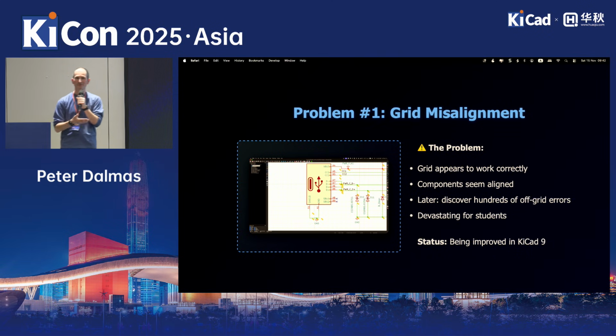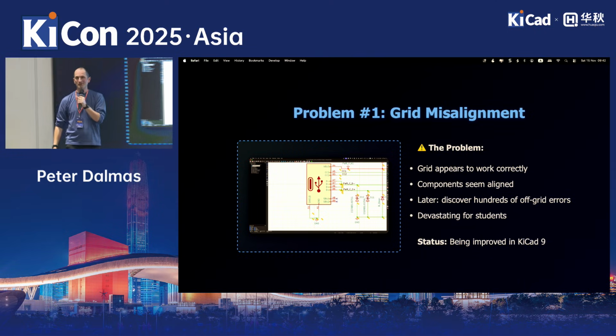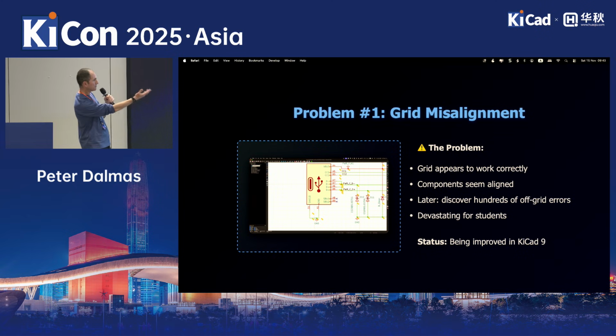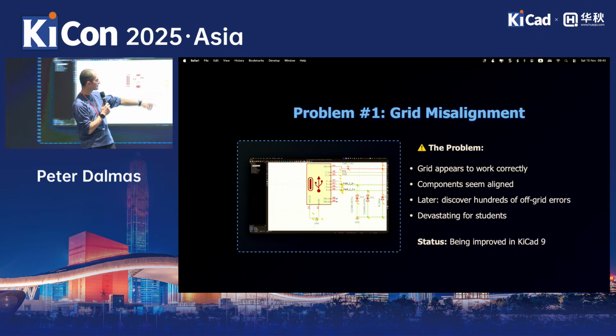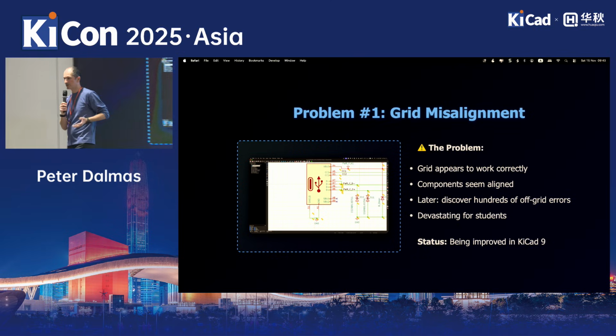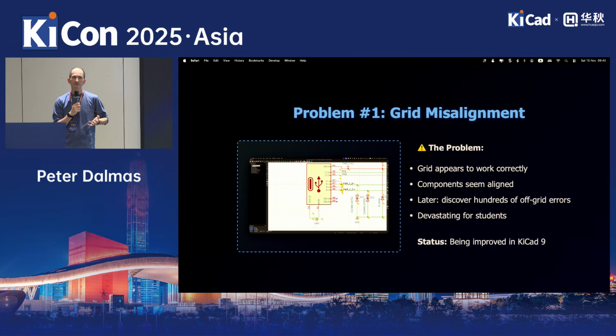So in the Latte Panda project that I was working on, say in July and August, I designed a bunch of sheets like this one. And you can see that when I went to do an ERC, I got all these misalignment errors, even though the lines look perfect. Like you can see the junctions are showing as if the wires are properly connected. But then I go for an ERC and I get hundreds and hundreds of errors.